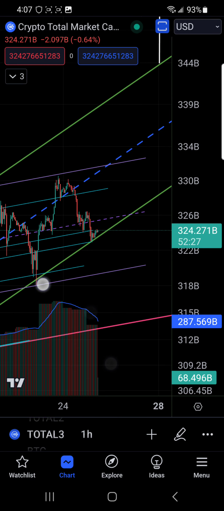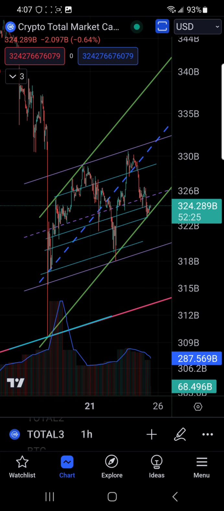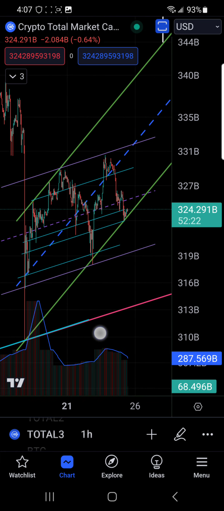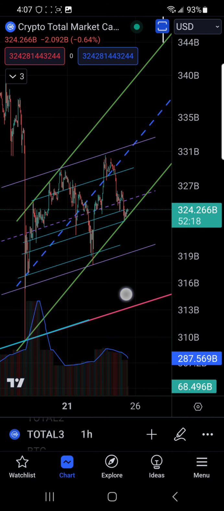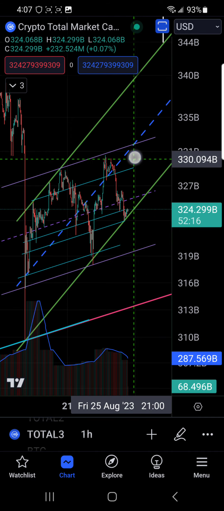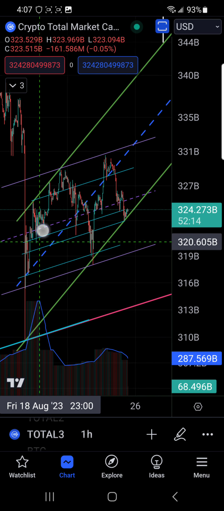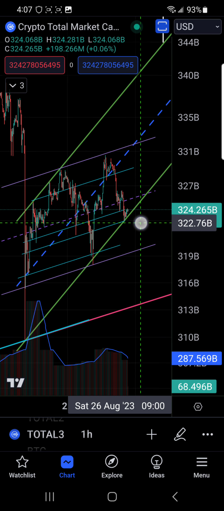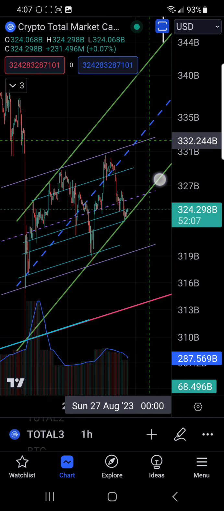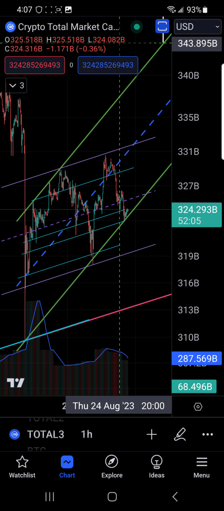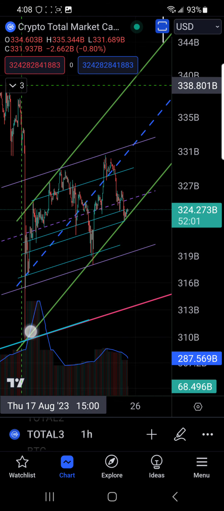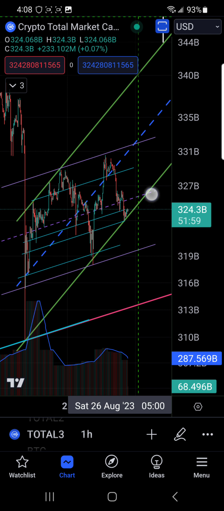I like how we trade in multiple channels simultaneously. You can see how this purple parallel channel right here can be drawn, and we can trade within it, as well as this green parallel channel heading upward much more steeply, and we can trade within it as well.